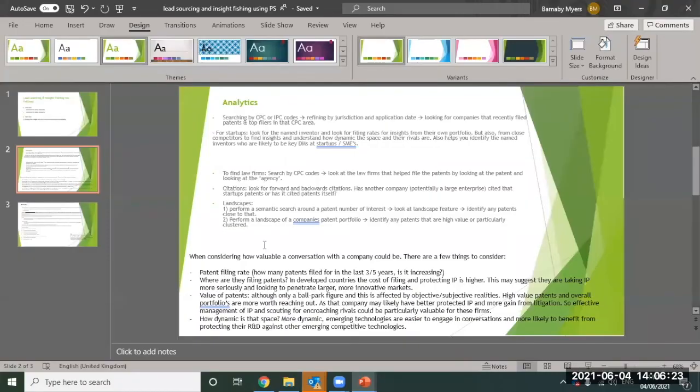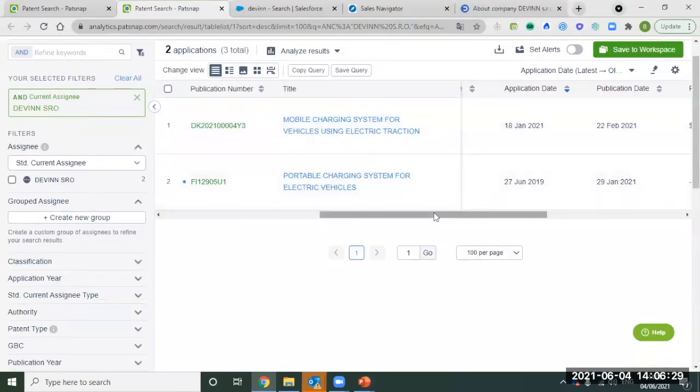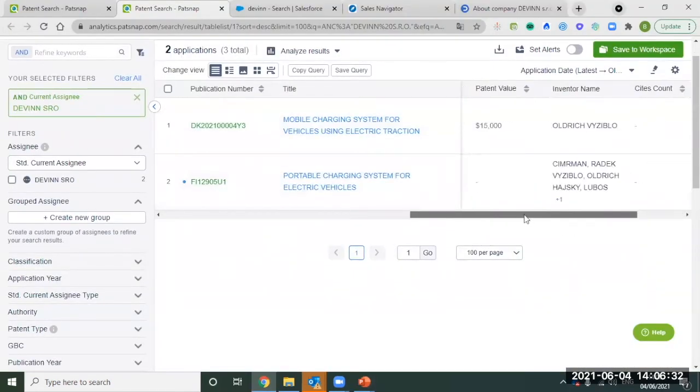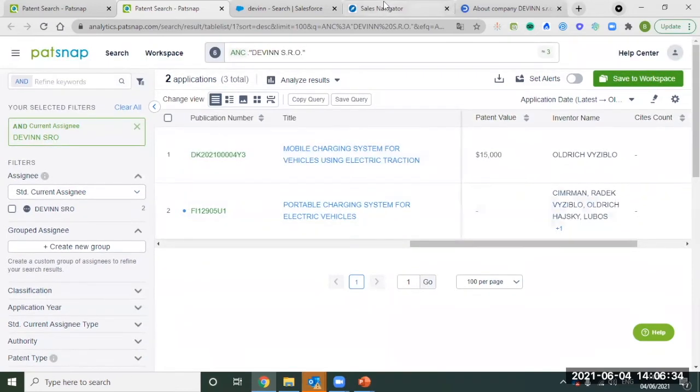When you're also looking at these startups, what you want to be doing is looking for the named inventors. These are the people that are key to decision making when it comes to the most advanced research and development, intellectual property decision making. So these guys: Karel Suchek, Lubos Hajski, Oldrich Vizabilo, Radek Kimranan.